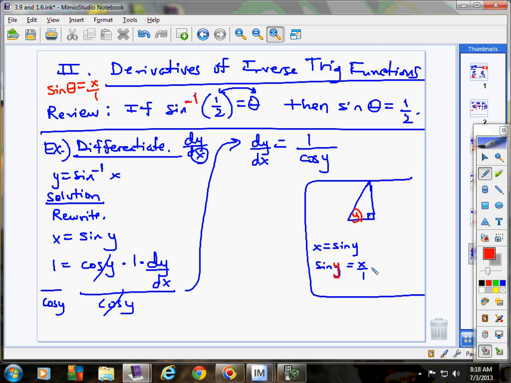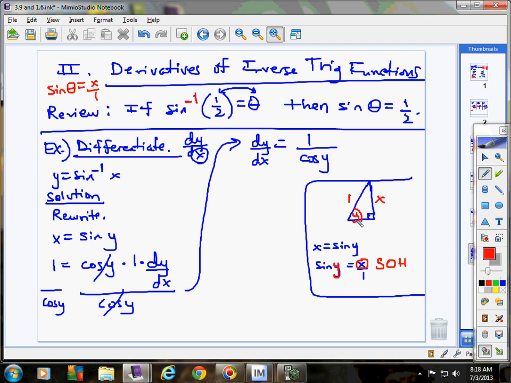What does the sine equal from a right triangle? Opposite over hypotenuse. So if this is what I'm going to call angle y, then the opposite is x, and the hypotenuse is 1.